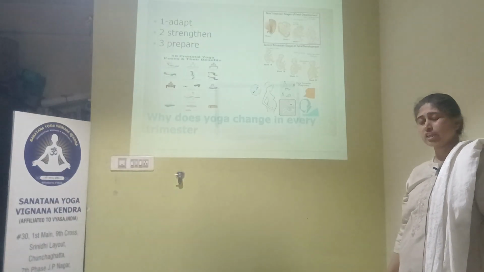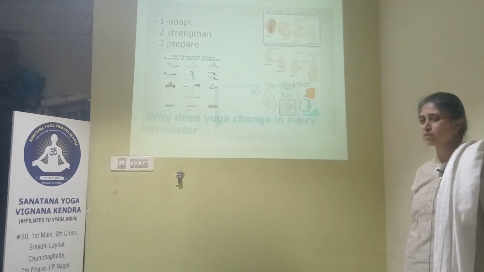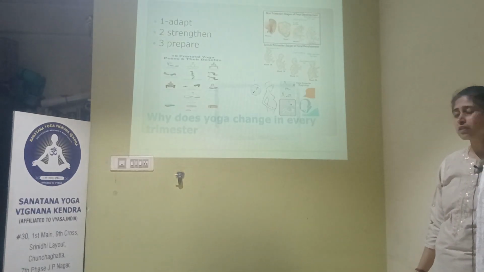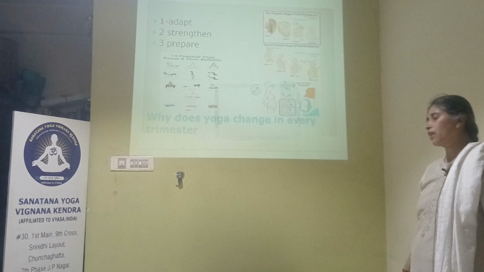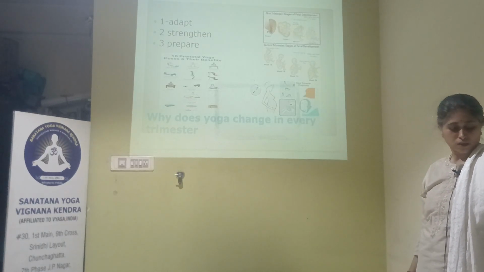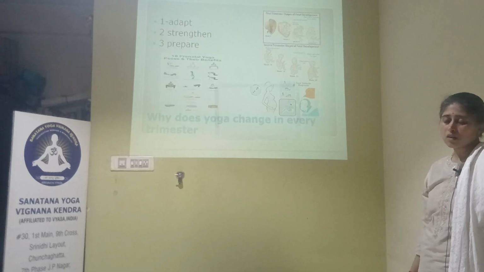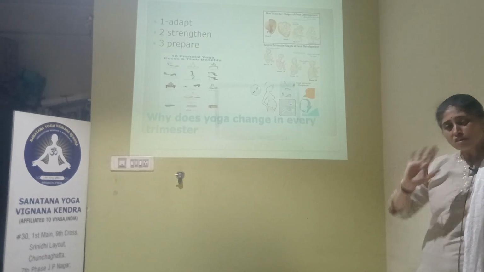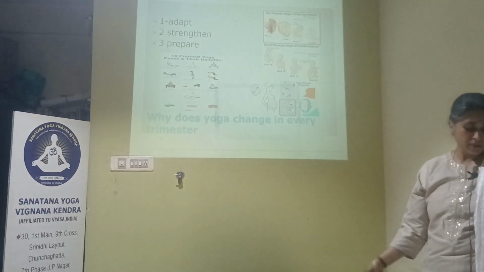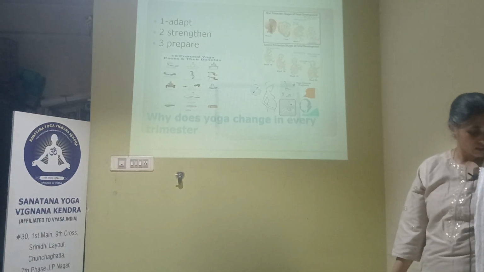There she can go through the asanas, and then the last 3 months will be for preparation for labor. It's not only asanas, it's through yoga that she prepares for the labor. Next.